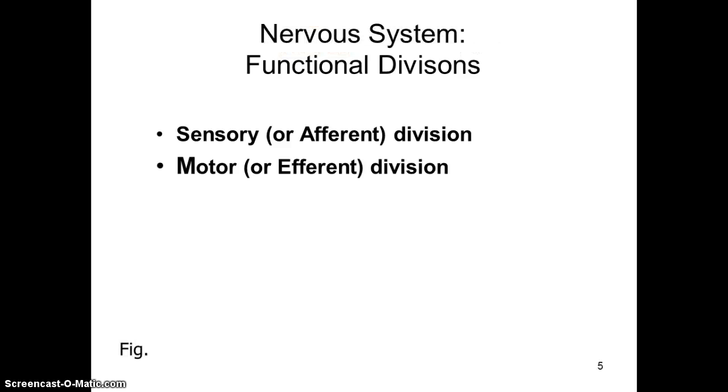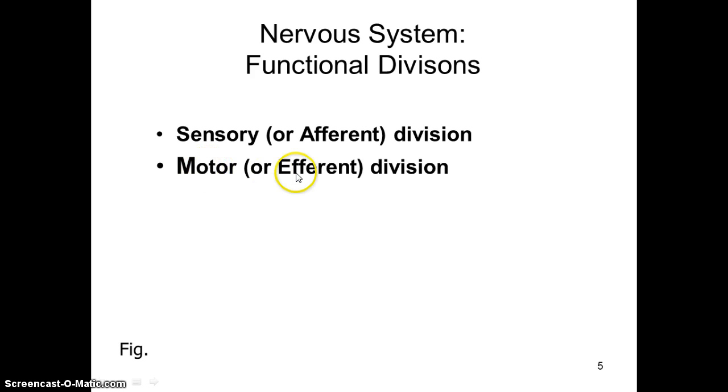We can divide the nervous system functionally, again in relation to the processes that are going on, into either sensory or motor divisions. Synonyms here for sensory include the afferent division, meaning toward the central nervous system. So here impulses are traveling toward the central nervous system.